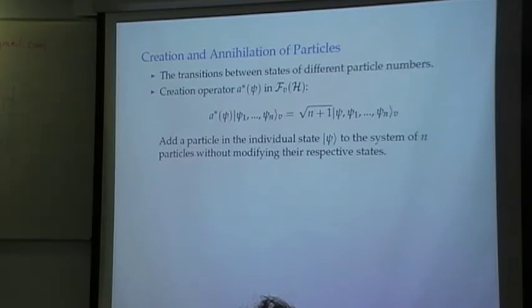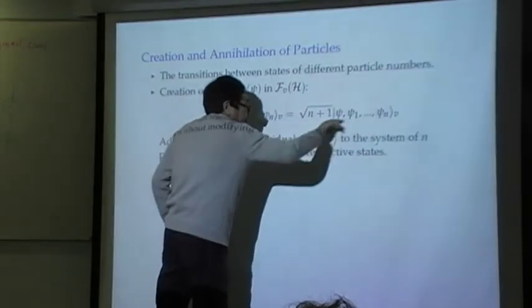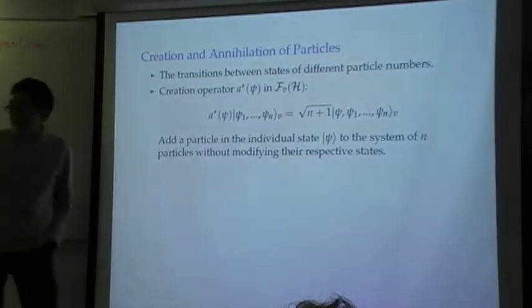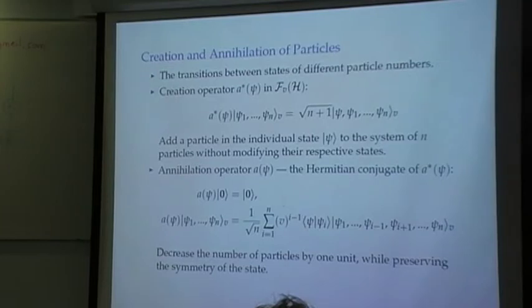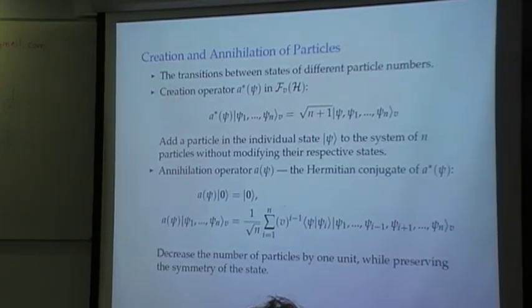As you can see, this operator adds a particle to the system of n particles. So now here we see we have n plus 1 particles, and the annihilation operator A psi is just the conjugate of A star psi.